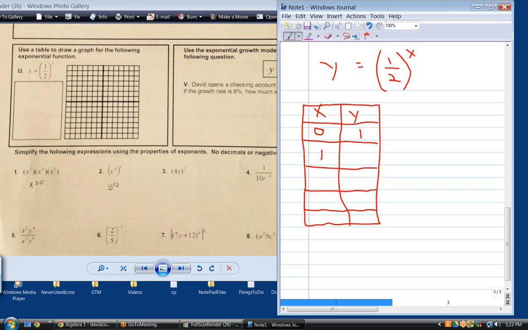Anything to the 1 power is the same thing. Yeah. So it's got to be 1/2. In other words, when you raise something to the 1 power, it's just like you're not doing anything to it. 1/2 to the 1 power is 1/2. 1/10 to the 1 power is 1/10. 1,000,000 to the 1 power is 1,000,000.